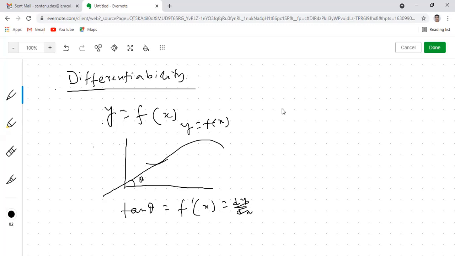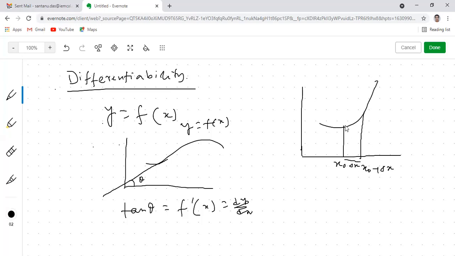What is the significance of differentiation? All of you have studied the first principle, that means the definition of differentiability. What are we doing here? Let's say this is a point x0 where we need to draw the tangent. We take a nearer point which is very close to x0, denoted as x0 plus delta x. It is a very infinitesimal change with respect to x0, so this length is delta x.